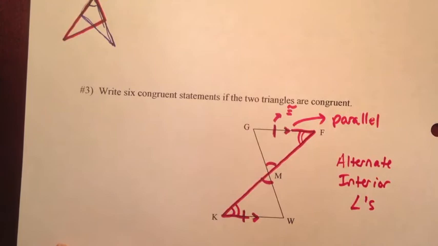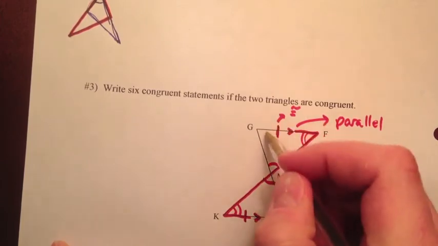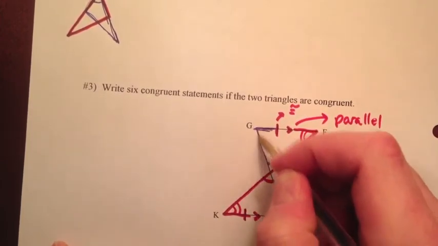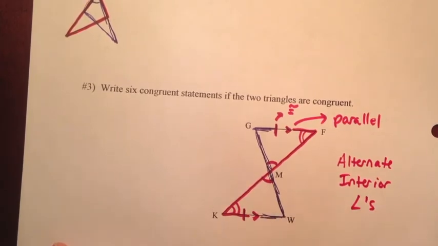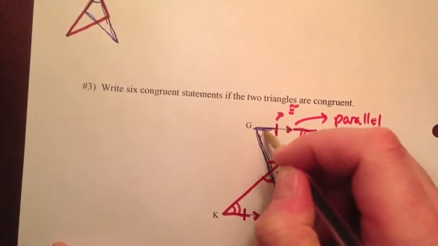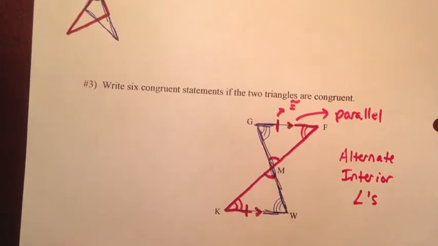So those two angles are congruent, they match up. Now do you notice there's another Z? There's a backward Z right here. Those have to be congruent for the same reason, because the alternate interior angles are congruent when the lines are parallel.